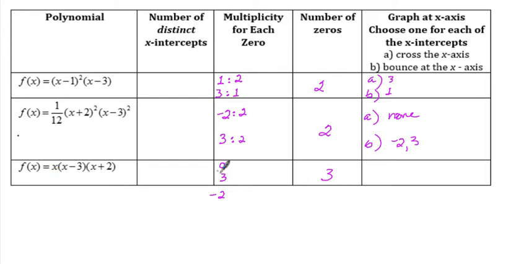The first 0 has a multiplicity of 1. The second 0 has a multiplicity of 1. And the third 0 has a multiplicity of 1. So we have 0, 3, and -2 crossing the x-axis, and we have none bouncing at the x-axis. That's multiplicity.